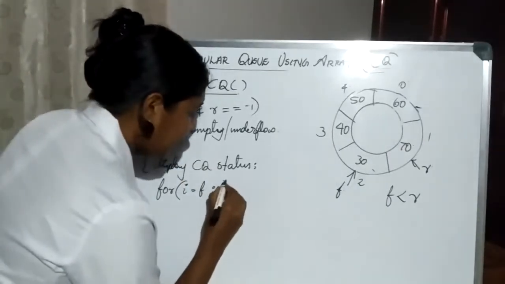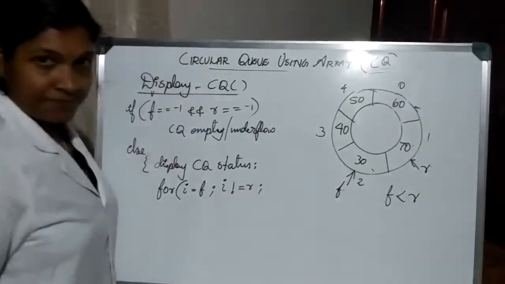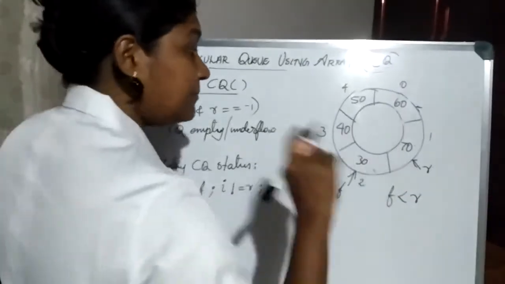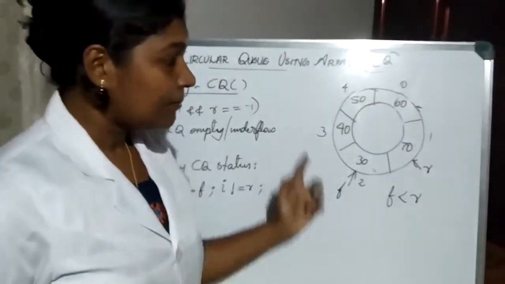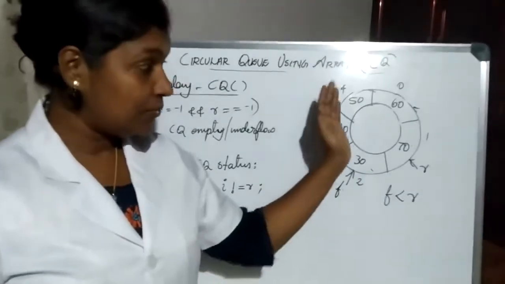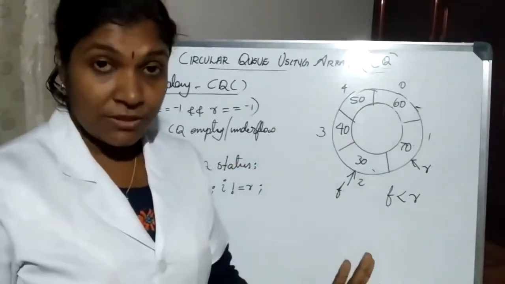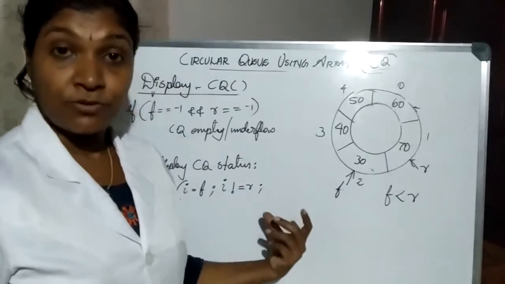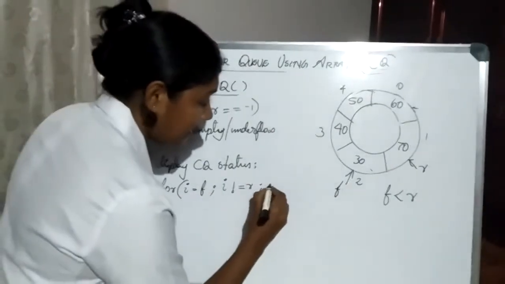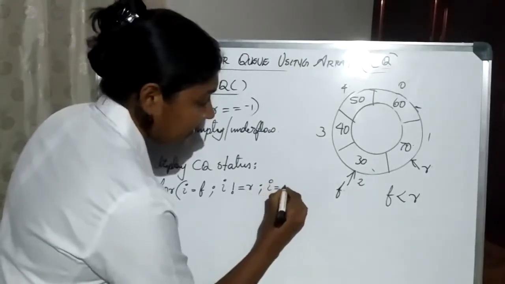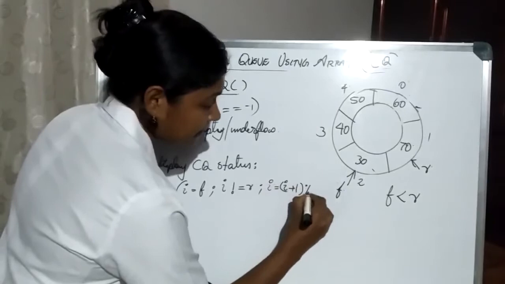So I not equal to rear we can provide. Then, as I mentioned in the enqueue operation itself, whenever we perform a moving operation, incrementing the position, we must use our golden equation, the same equation in terms of I. So in order to increment the value of I, we give I equal to (I plus 1) mod size.